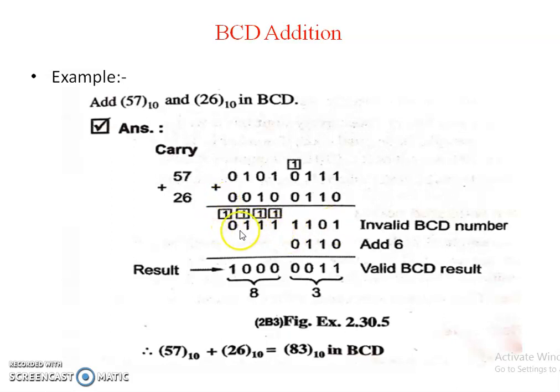Then the second step is if the sum is equal to or less than 9, it is a valid BCD number. And if the sum is greater than 9, or if a carry is generated from the sum, the result is invalid BCD. So here the result is an invalid BCD number.